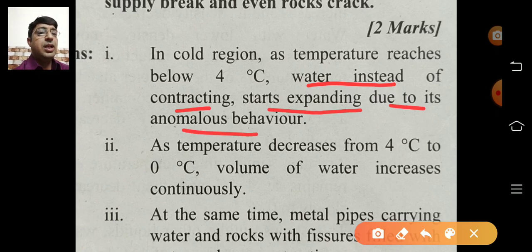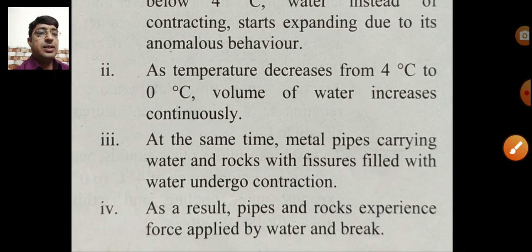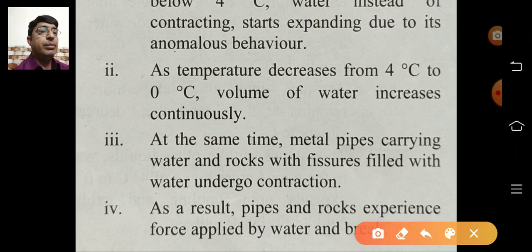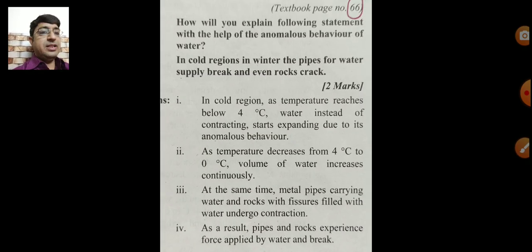As the temperature decreases from 4 degrees Celsius to 0 degrees Celsius, the volume of the water increases continuously. At the same time, metal pipes carrying water and rocks with fissures filled with water undergo contraction. As a result, pipes and rocks experience force applied by water and break. That happens in nature.